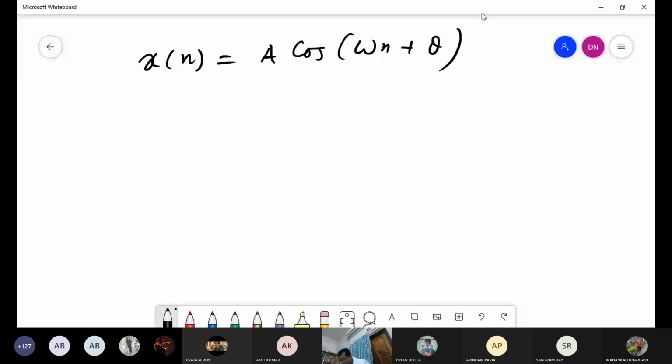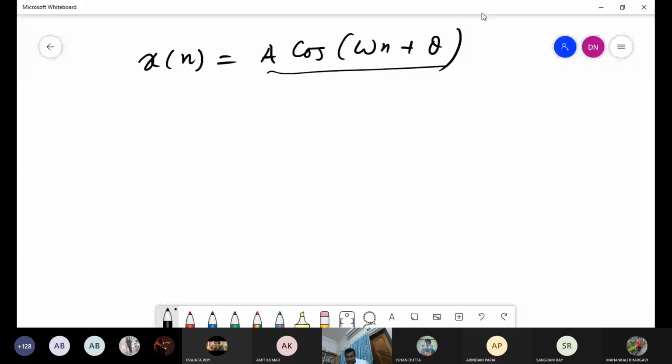I will define it first, then I will try to understand whether this signal is always periodic, or whether there is any chance that, though it is a cosine function, it is not always periodic. It may be aperiodic also. It may be non-periodic also.